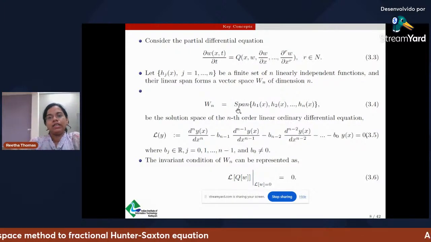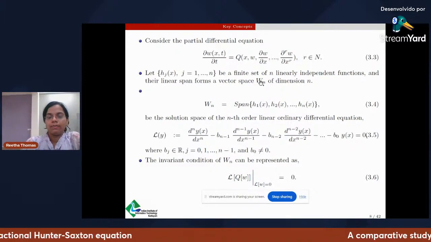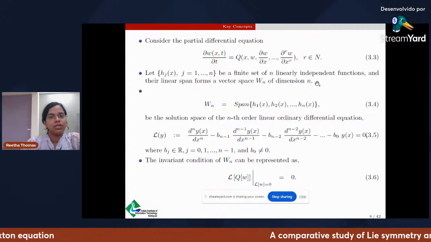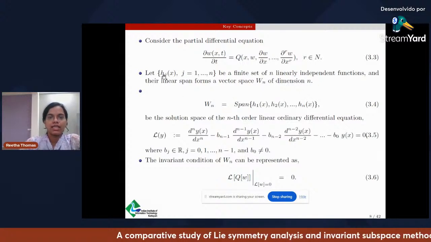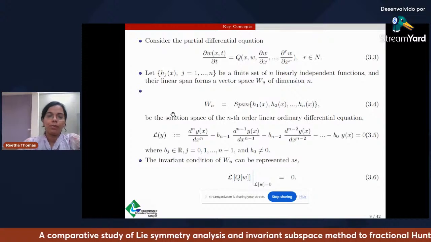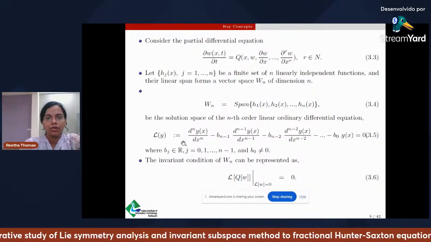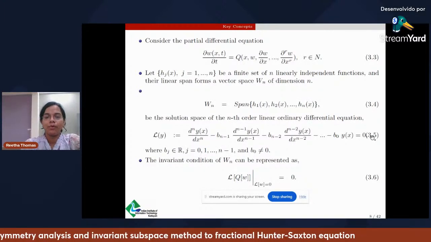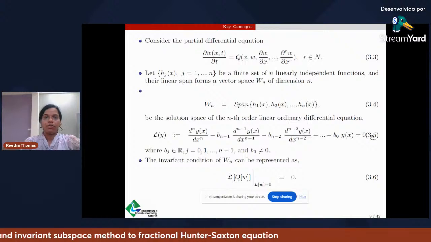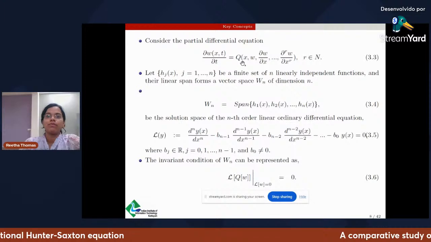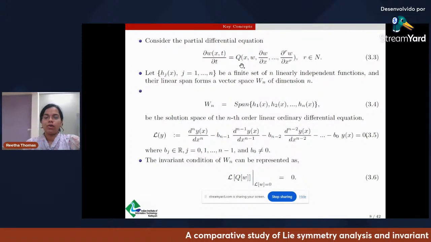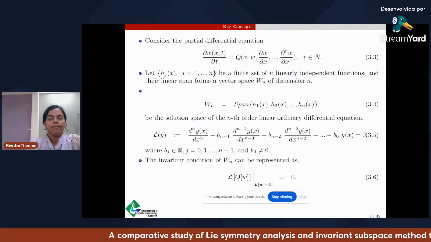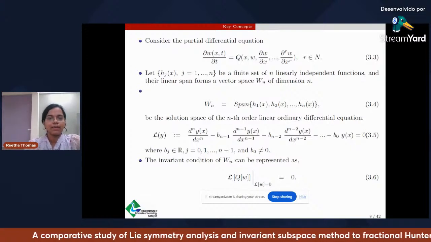First, consider the vector space Wn of dimension n, which consists of n linearly independent functions Hj, which can be obtained by solving the nth order linear ODE 3.5. But we don't know if that Wn is an invariant subspace for this Q. For this nonlinear operator Q, we want an invariant subspace.